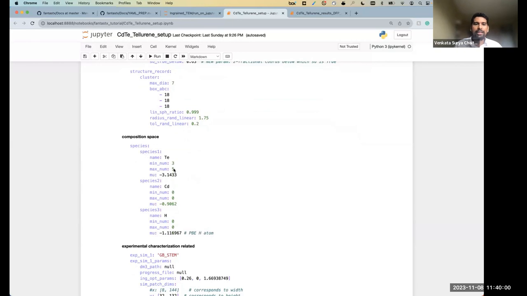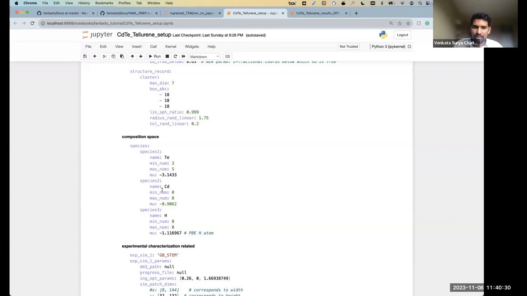And the next set of parameters is the composition space. Here, we know that the interface contains only tellurium atoms, so we keep the cadmium atoms at 0. But even though it is 0, we still have to mention the cadmium species and the hydrogen species even though they are not varied in the search, because this will tell FANTASTX to run VASP calculations with these species in the structure.